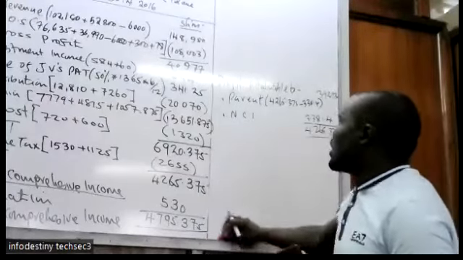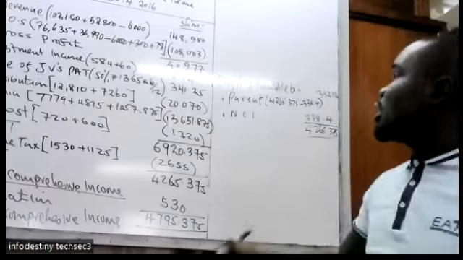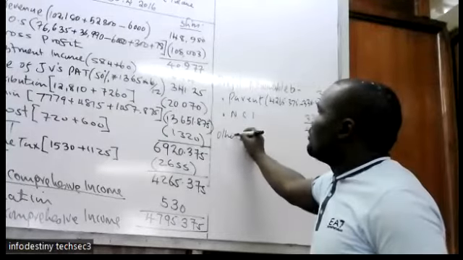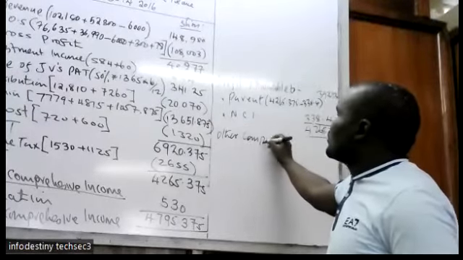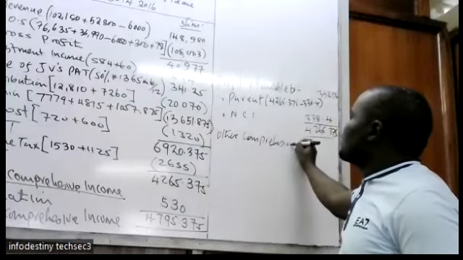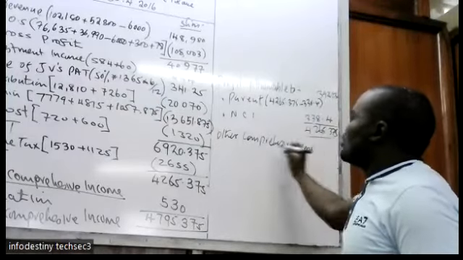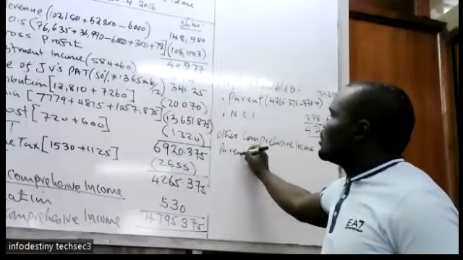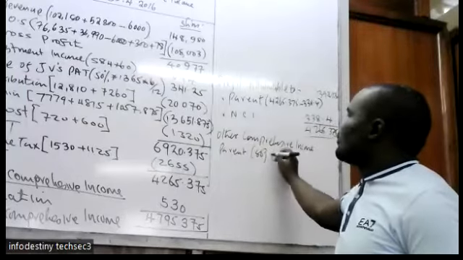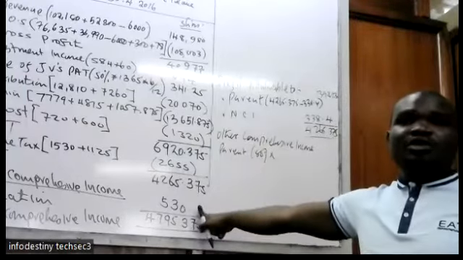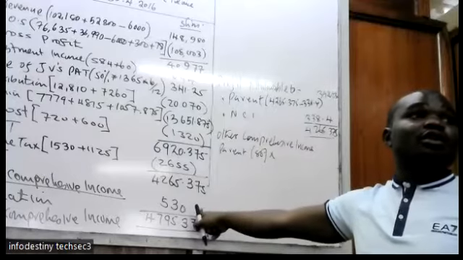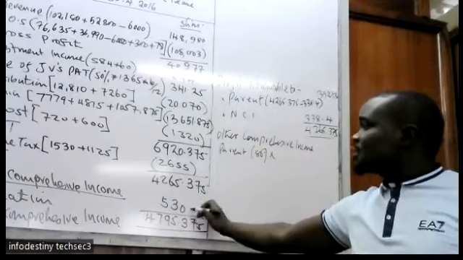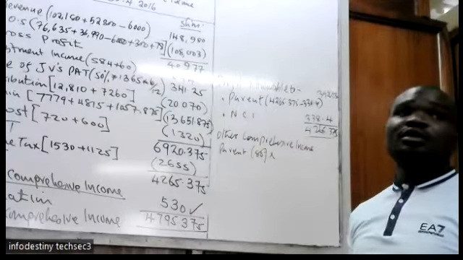Then again, other comprehensive income, they have to share. So other comprehensive income, parent takes 80% of that revaluation. The 530 was only in the books of the subsidiary. So this 530, it was in whose books?